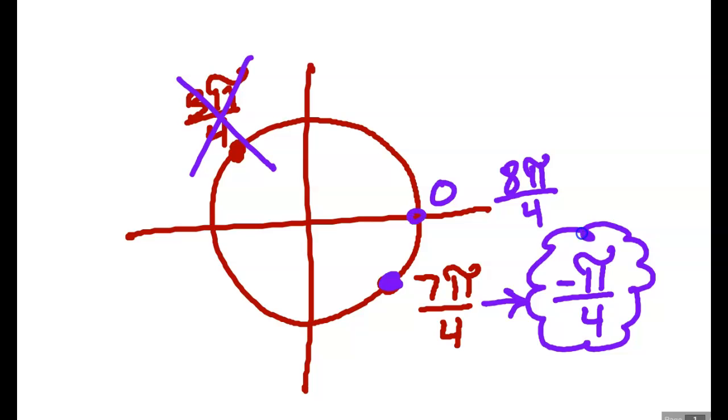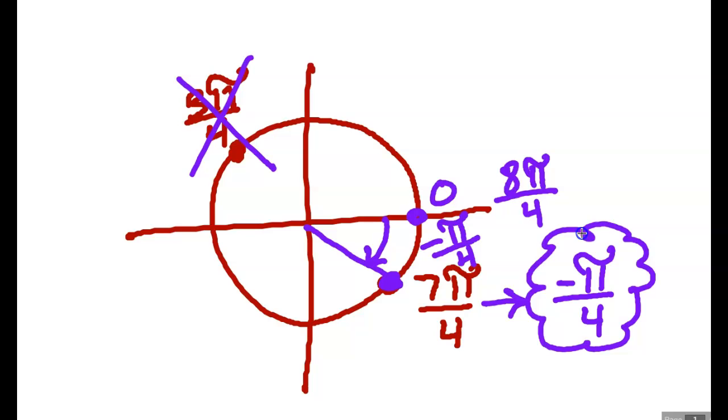So if I'm thinking of this point as 8 pi over 4, to go down to 7 pi over 4 is just 1 pi over 4 less. We're subtracting a single pi over 4 to get to that point. I'm moving clockwise.